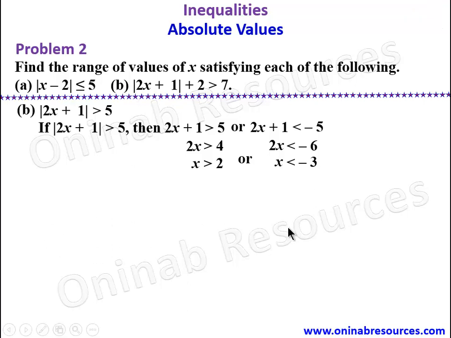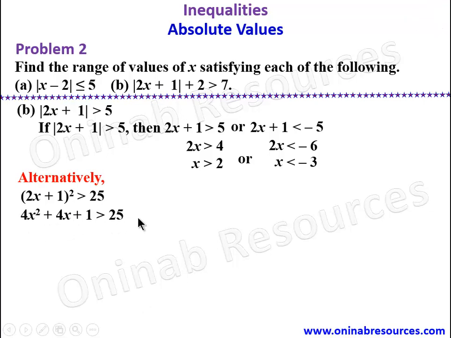Then we can go ahead for the alternative method, where we are going to square both sides. We start from here. That's going to give us 2x plus 1 squared is greater than 25. So that we now have 4x squared plus 4x plus 1 is greater than 25.